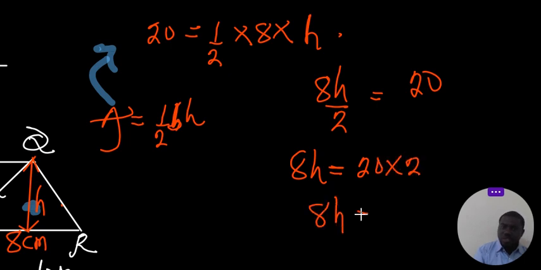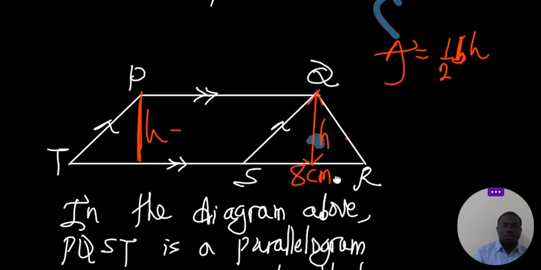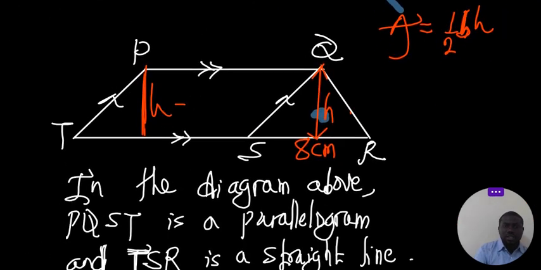That's 40. 8h equals 40. So obviously the height is 5. So height equals 5 centimeters. So the height at this point transforms to the height at this point, which is 5 centimeters.